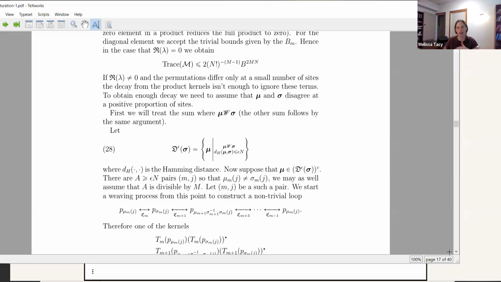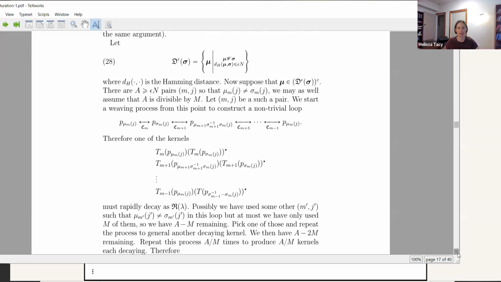So if they differ at a large number of sites, I start making these loops. And for each loop, because I've got my simultaneous saturation theorem, I can say that, all right, the loop must collapse. So that means that if it's a non-diagonal loop, one of the conditions must not be held. So one of the elements must have decay. So that's this bit of the argument here.